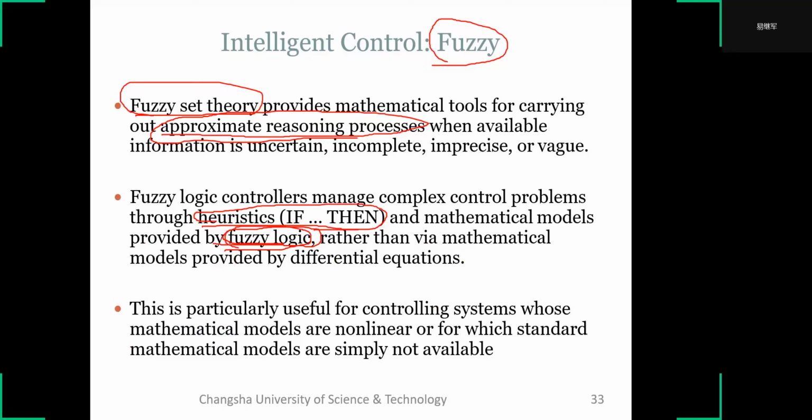This is particularly useful for controlling systems whose mathematical models are nonlinear, or for which standard mathematical models are simplified or simply not available.